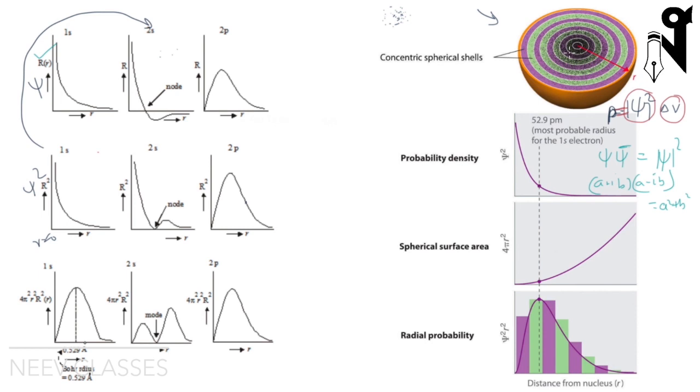But if I ask you about this green volume and that green volume, it is a 3D thing. I'm talking about volume, so you'll have to imagine this like an onion, and that onion skin's volume, the total volume would be how much?